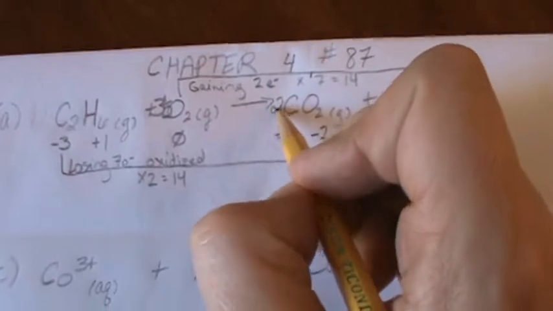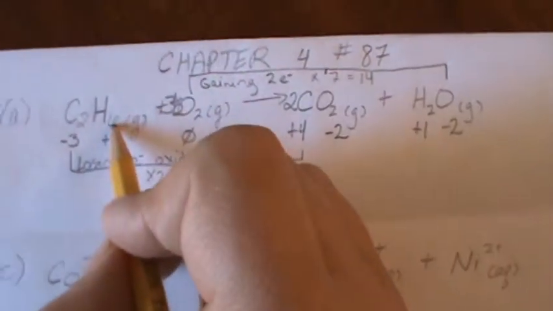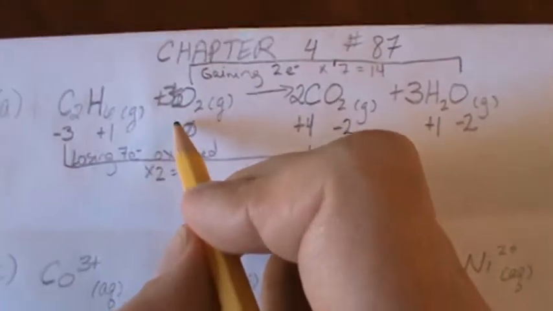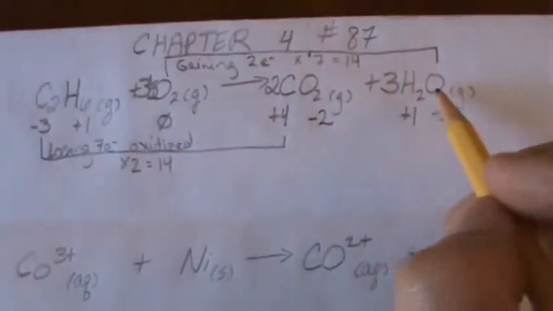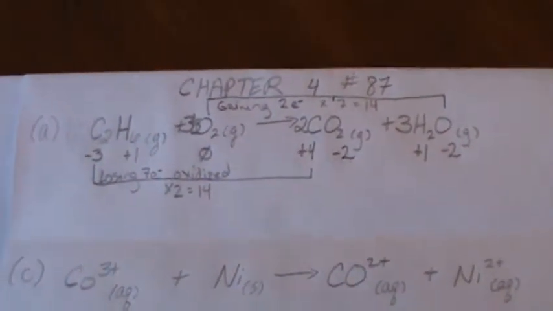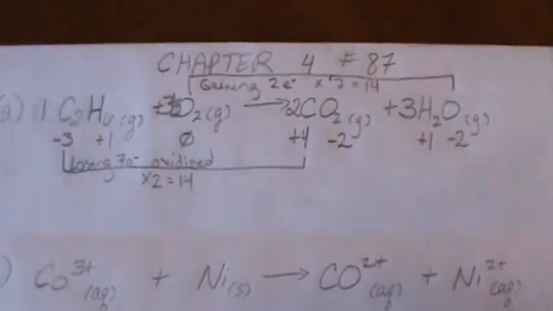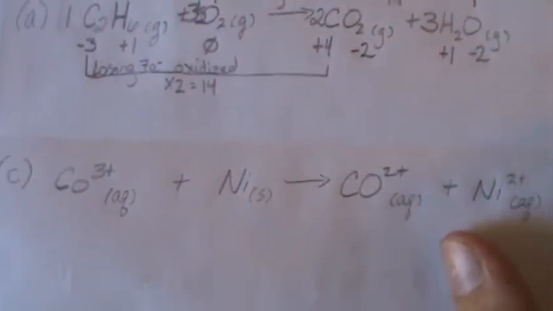We'll need 2 CO2 because we have 2 carbons, and we have 6 hydrogens, so we'll need 3 waters. That balances out our 3.5 O2, because we have 4 oxygens and 3 oxygens, so we're good. That is how we do this, by balancing electrons first. So we have 1 C2H6 plus 3.5 O2 gives us 2 CO2 and 3 H2O. You could double all these to make that a 7 if you wanted, but it's not necessary.